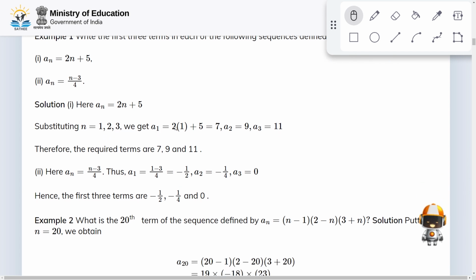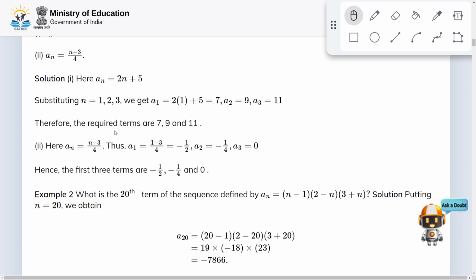So a1 will be 2 multiplied by 1 plus 5, which is 7. a2 will be 2 multiplied by 2 plus 5, which is 4 plus 5, 9. a3 is 2 multiplied by 3 plus 5, which is 6 plus 5, 11. So the first 3 terms are 7, 9, 11.